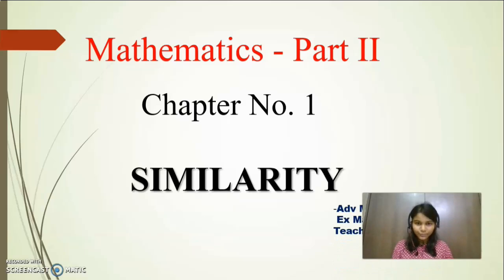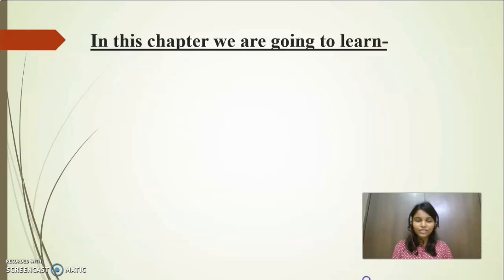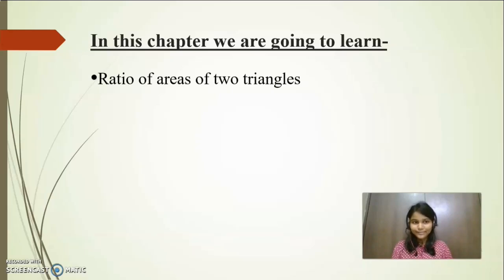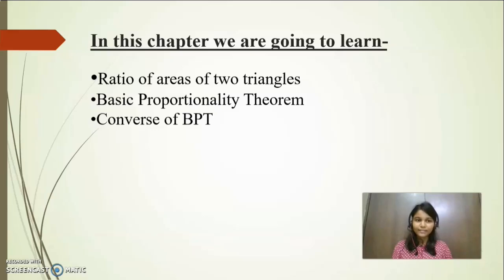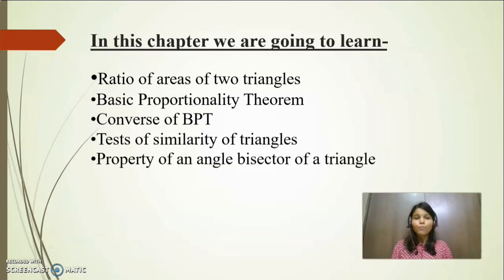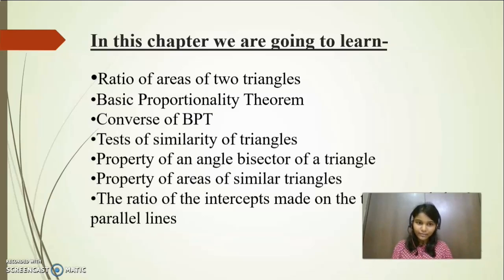So, let us get started with the first chapter of the mathematics syllabus, that is Similarity. Let us now see what we are going to learn in this chapter. In this chapter we will be learning the ratio of areas of two triangles, basic proportionality theorem, converse of basic proportionality theorem, tests of similarity of triangles, property of an angle bisector of a triangle, property of areas of similar triangles, and the ratio of the intercepts made on the transversal by three parallel lines.